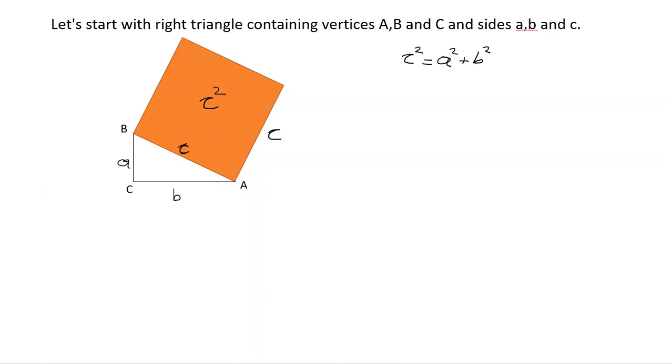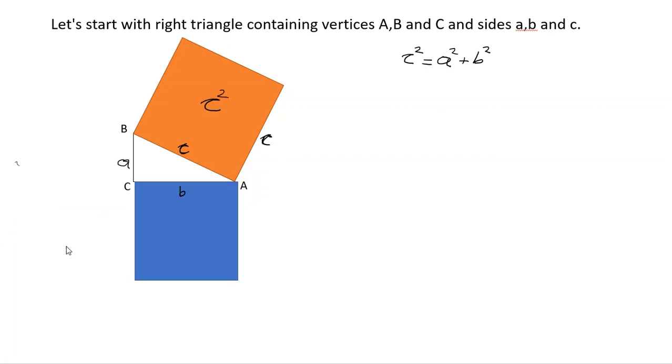Similarly, we do the same for a squared and b squared. Let's see how that works out. We have now a slightly smaller square, because b is a shorter side than c. So we have a slightly smaller area, the blue area. This is b, and this must also be b, because this is a square.